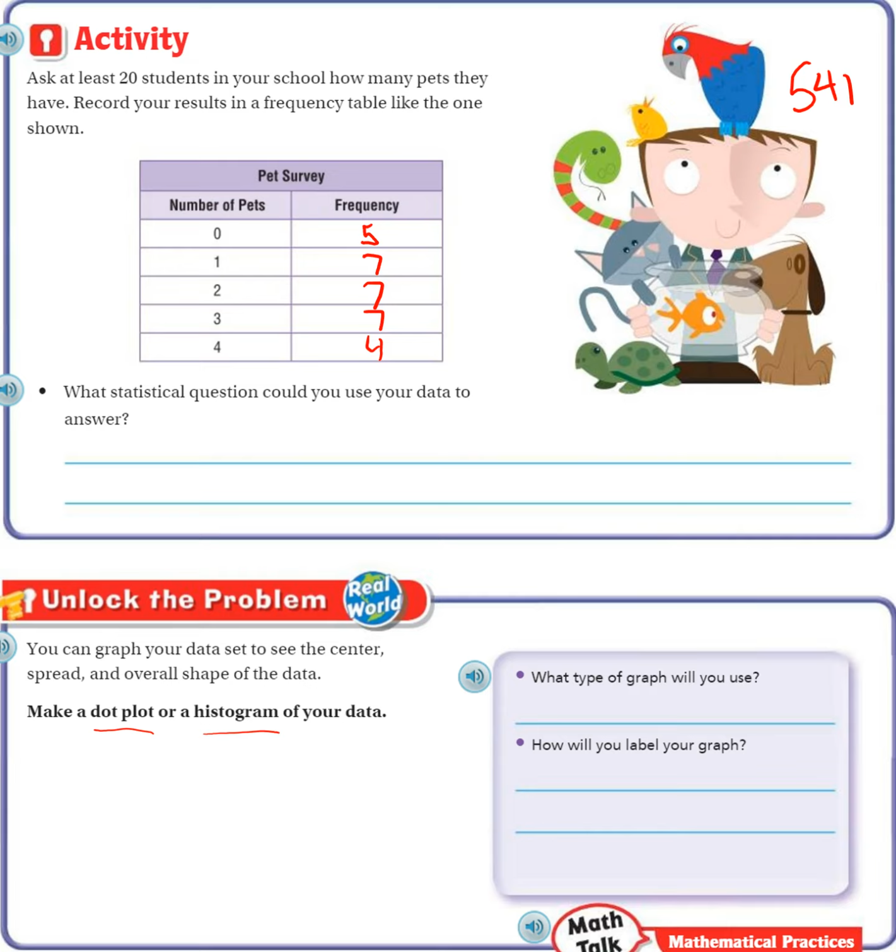Okay, so for example, let's say I want to make a dot plot. So I would take my data and put it in order from least to greatest. So I have 5 zeros. I have 7 ones. See, 1, 2, 3, 4, 5, 6, 7. 7 twos.